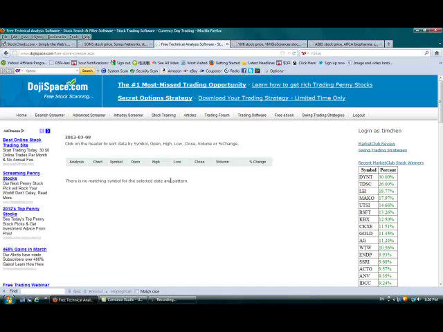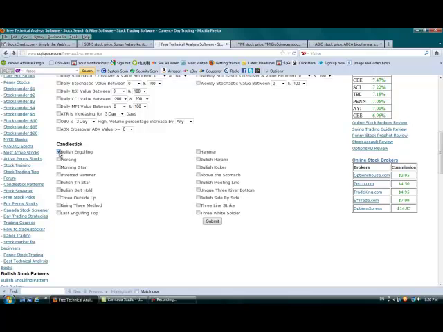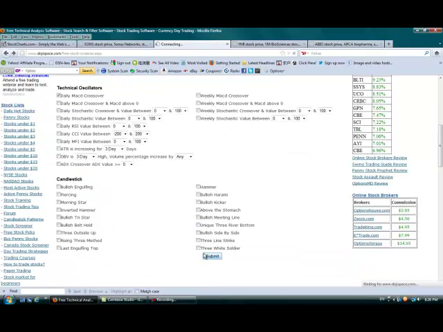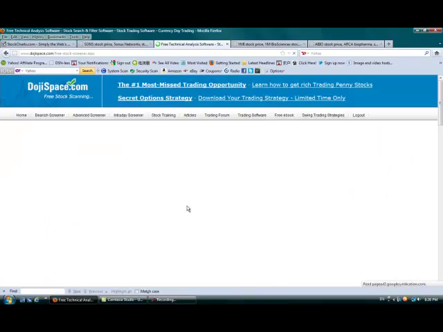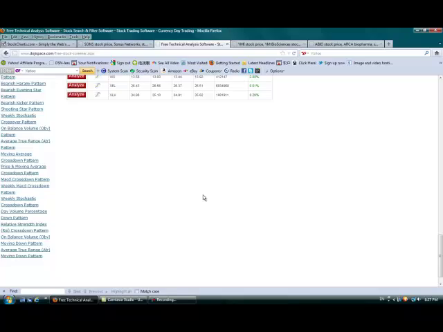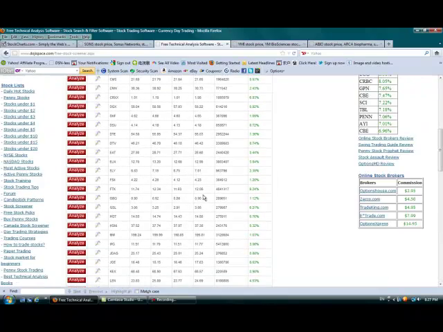Okay, unfortunately there isn't any stock that matches our search criteria today. So let's unselect the bullish engulfing and still leave the MACD crossover checked, and then let's see if there are any stocks that are making a MACD crossover. Okay, so we have a bunch of stocks.